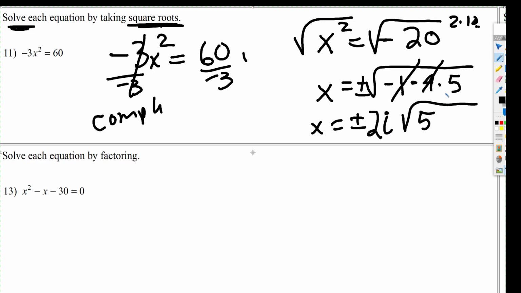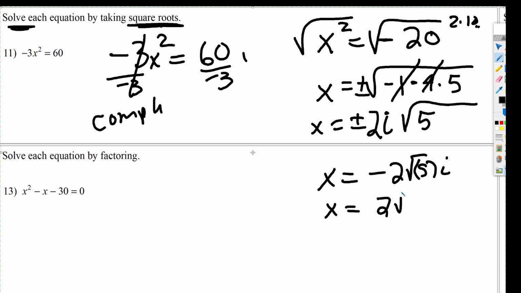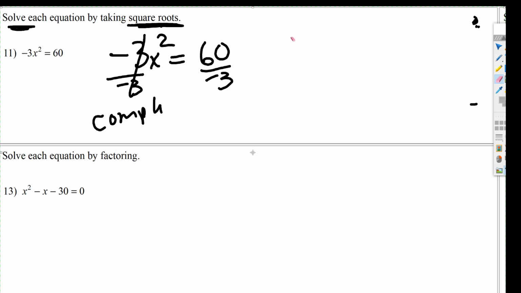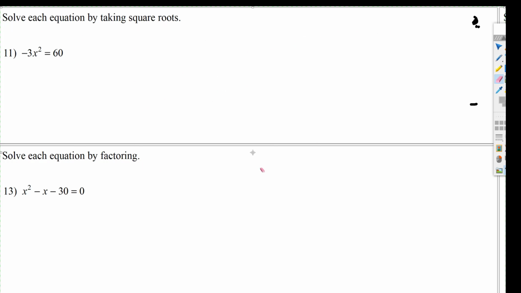And the only thing that's left, so x is equal to both negative 2i, and technically you'd probably want to write it like this, 2 root 5, and then put the i, and x is equal to positive 2 root 5, because those two are the coefficients, and there's the i. So that is the square root method, when there's only an x to the second, or a k to the second, whatever the variable is, right?